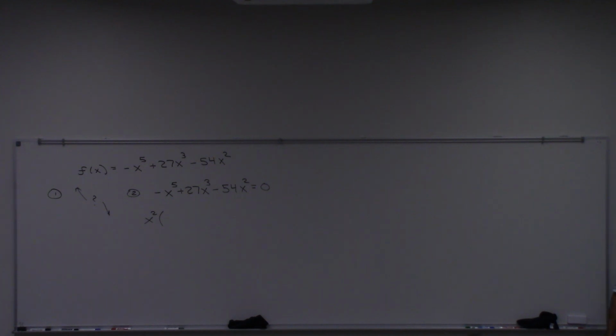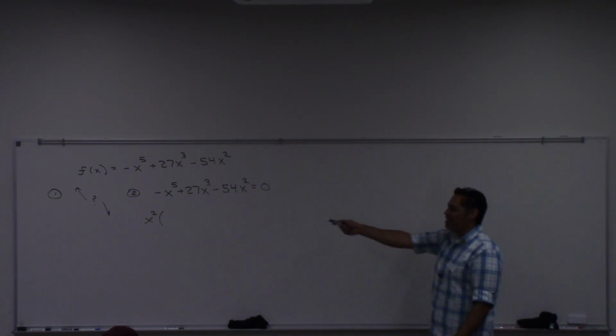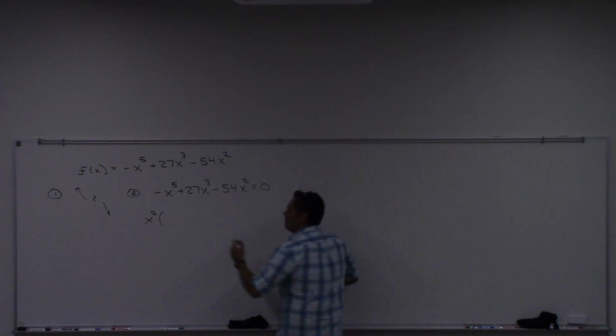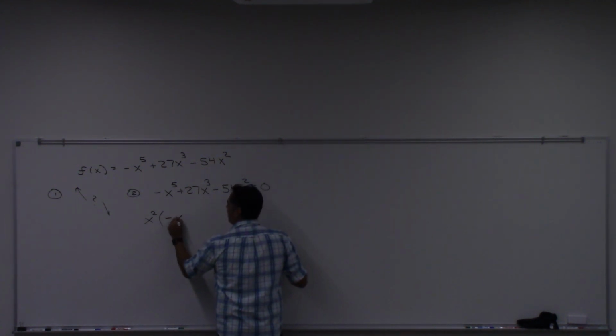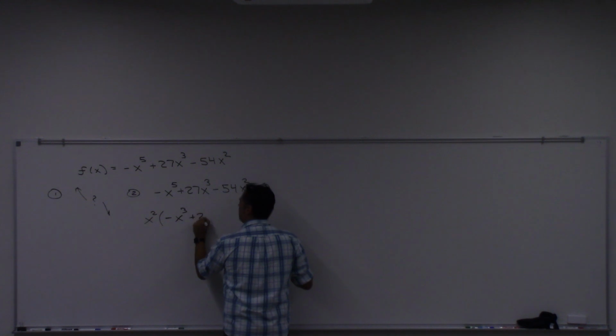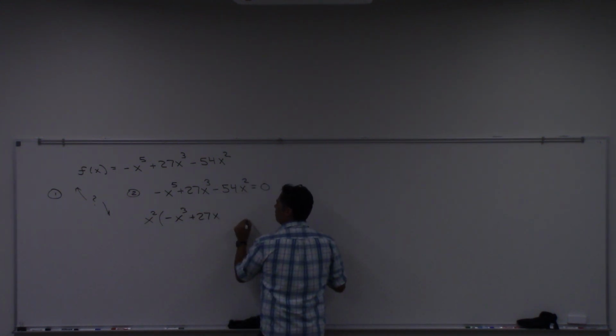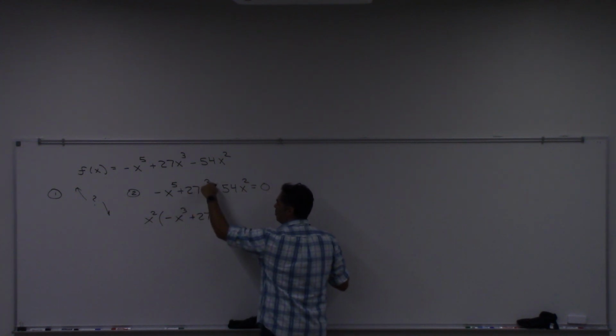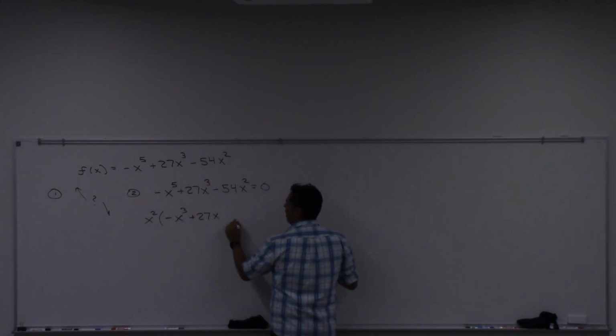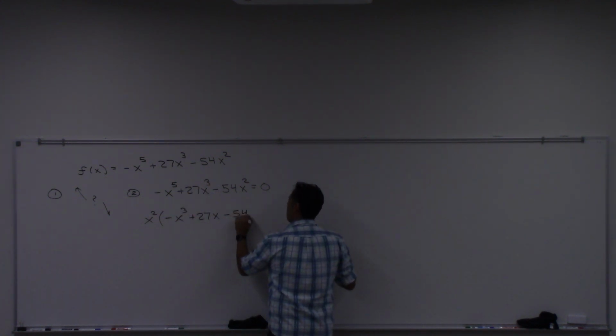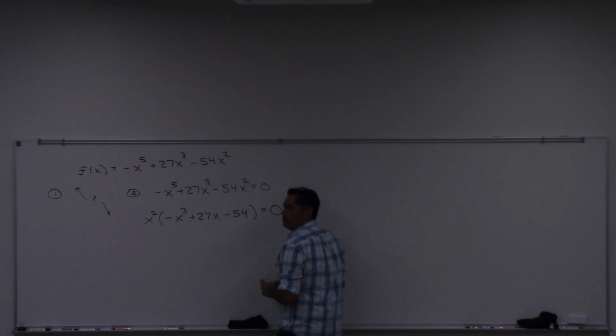How many of you want to leave the negative in? Thanks, that doesn't help. It's about half and half, so we'll just leave it like this. Minus x cubed plus 27x, what? X, right? I'm pulling two x's from each of these. And then minus 54. That good?